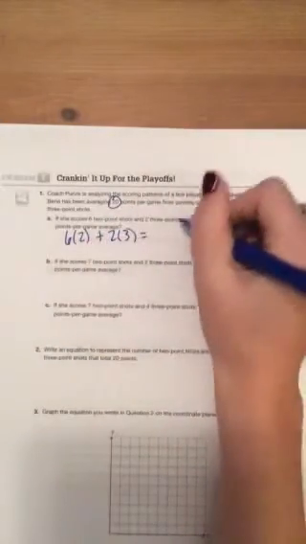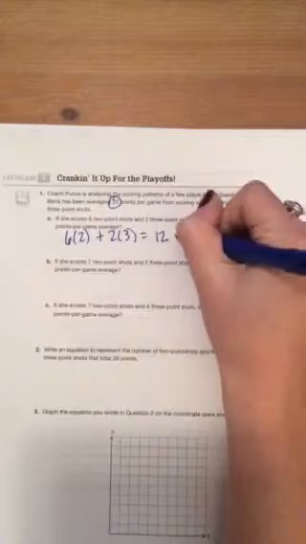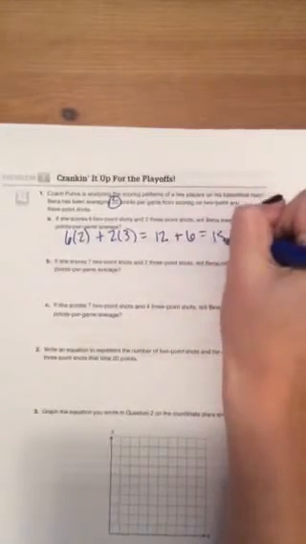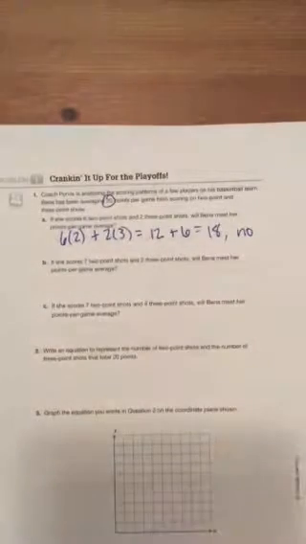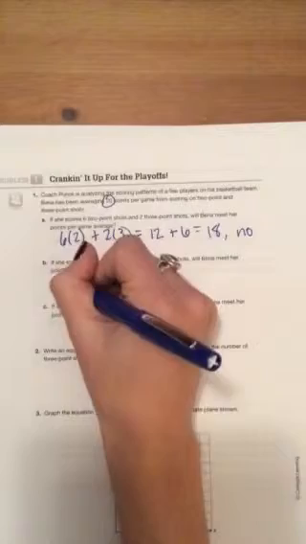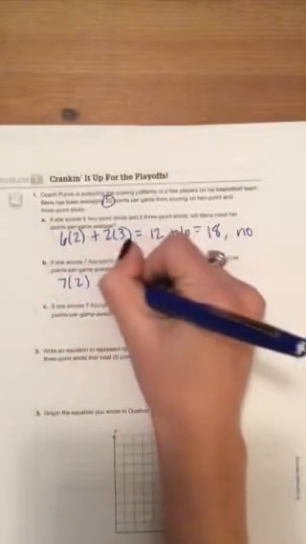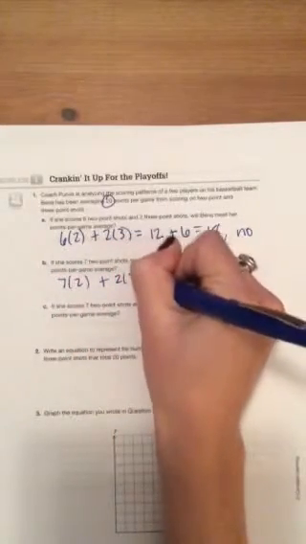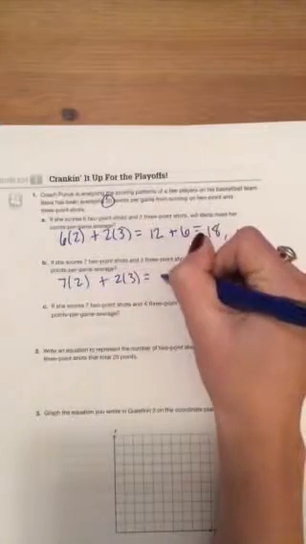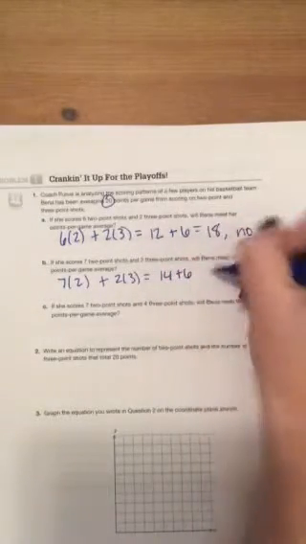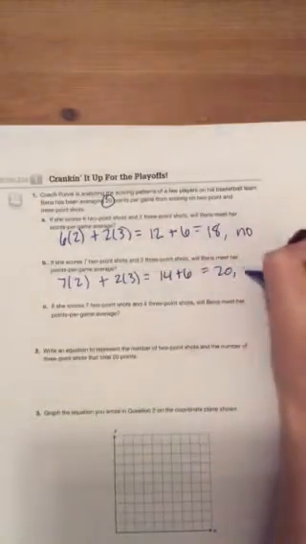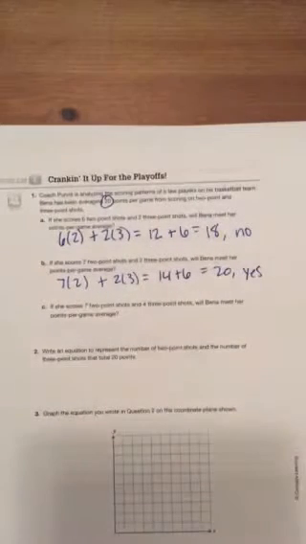Well, 6 times 2 is 12, plus 2 times 3 is 6, so that's 18 points. Does she meet her average of 20? No. What if she scores 7 2-point shots and 2 3-point shots? 7 worth 2, plus 2 worth 3. That will give her 14 plus 6. So, yes, she will meet it. Last one, go ahead and try that one.